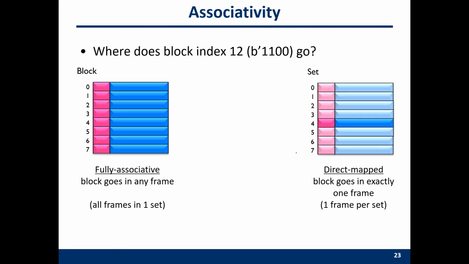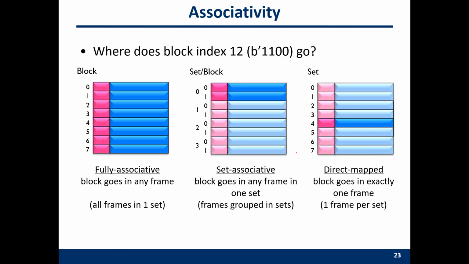Then some people try to combine the direct mapped cache and the fully associative cache together. That's the reason why they proposed a new cache organization, which is actually the associativity. They proposed a cache called the set associative cache.